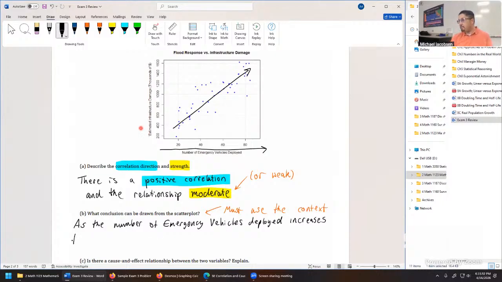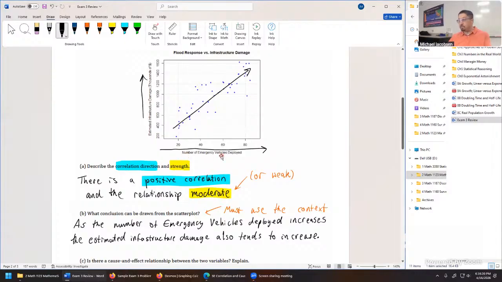So we'll say the estimated infrastructure damage also tends to increase. So this is going up as the horizontal variable goes up as well. It increases because we said it's in the positive direction. Well, any questions at all, folks, with either parts A or B?